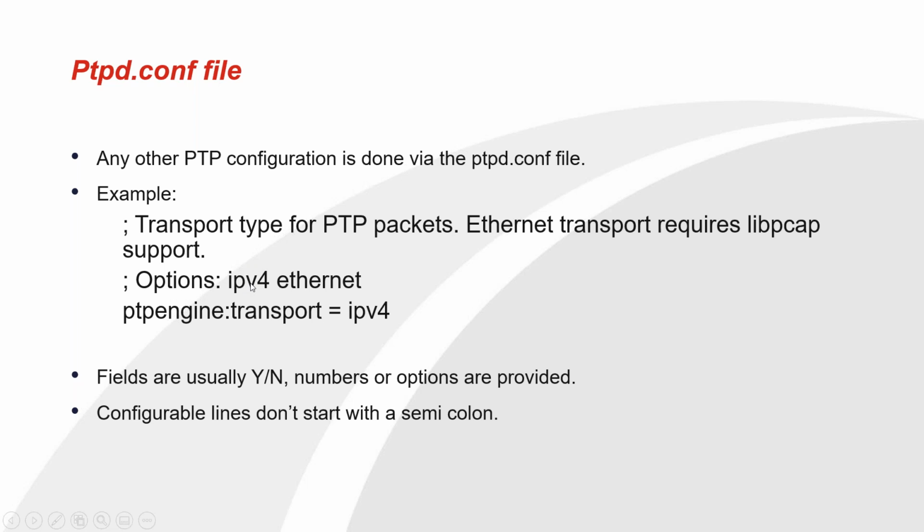Here we're looking at the Ethernet transport, the options being IPv4 or just the standard Ethernet, which is the layer 2 option. And then the line which doesn't start with a semicolon is the configurable line. So you just choose whether you want IPv4 here or Ethernet. All the fields are laid out like this, and you're usually just given options, or they're yes or no, or it's just a number that you need to input.